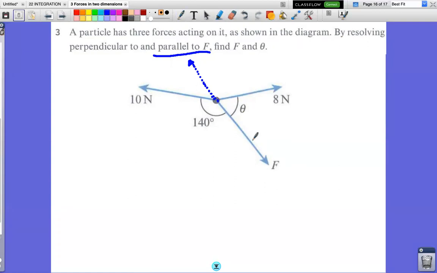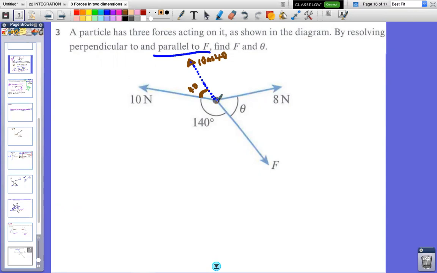So in this case, this force will have a component this way. We can look for this angle. This angle should be 40, right? So this will be 10 cos 40.